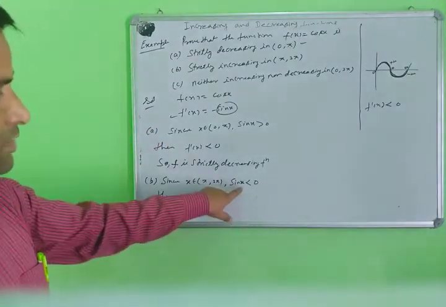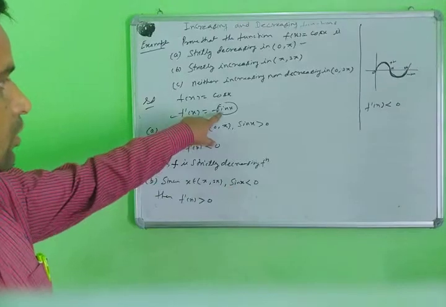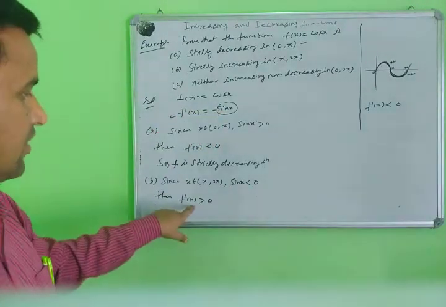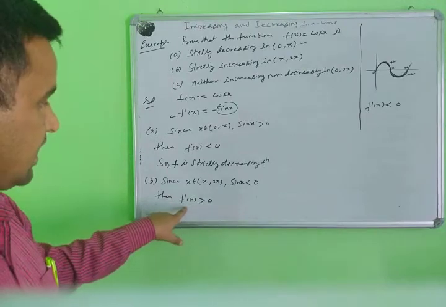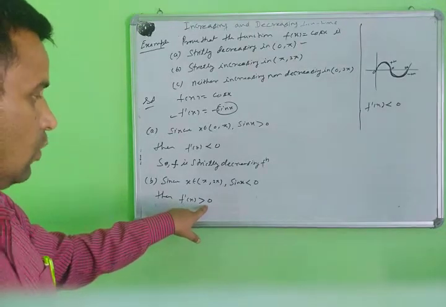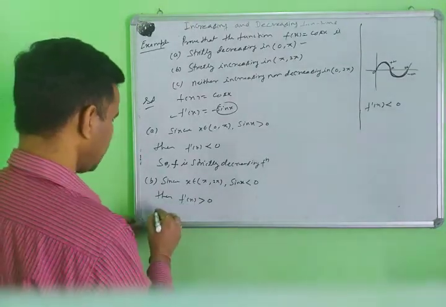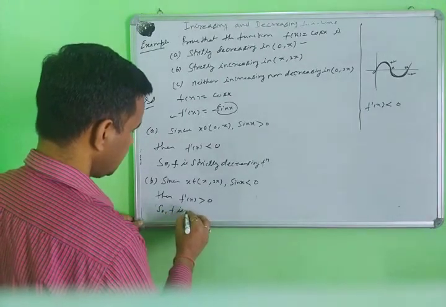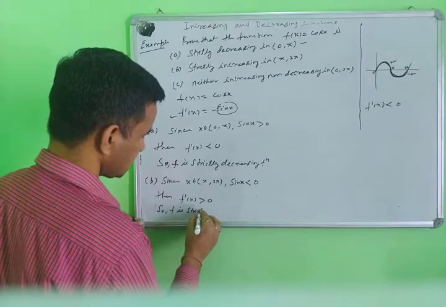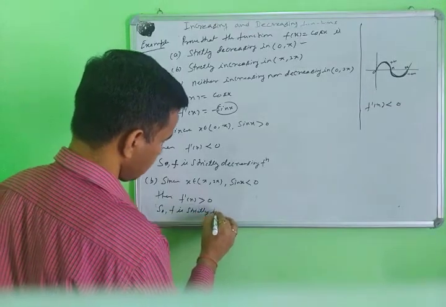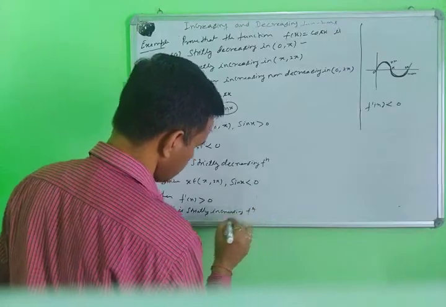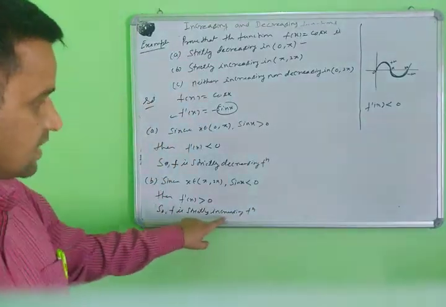Because the value of sin x is negative and the minus sign makes it plus, then f dash x is positive, greater than 0. So you can write f is a strictly increasing function.